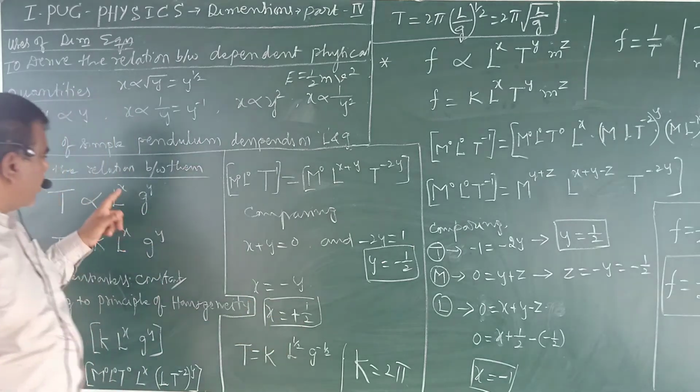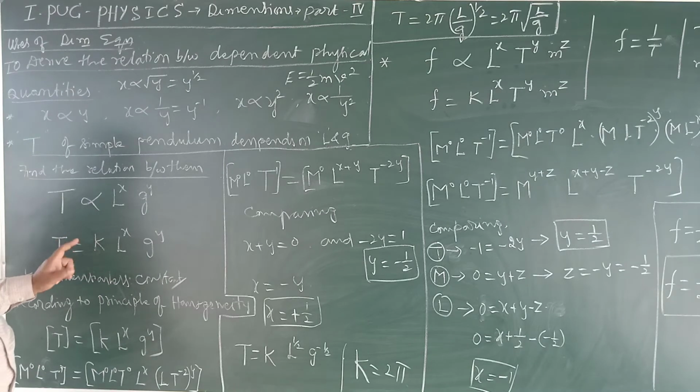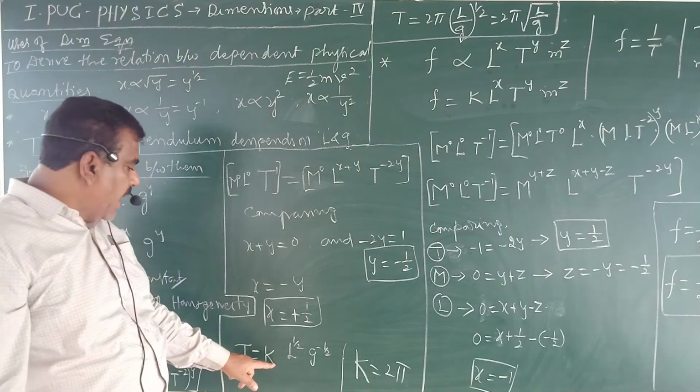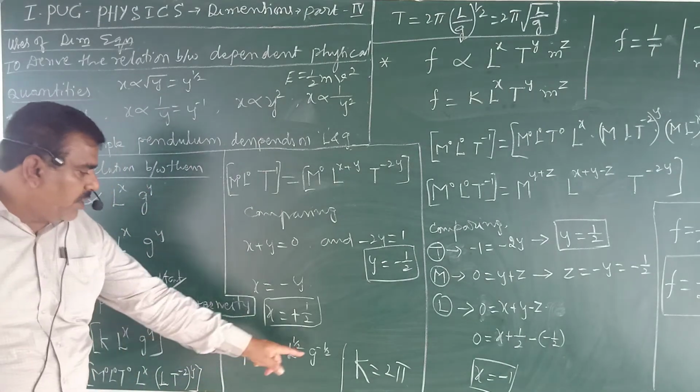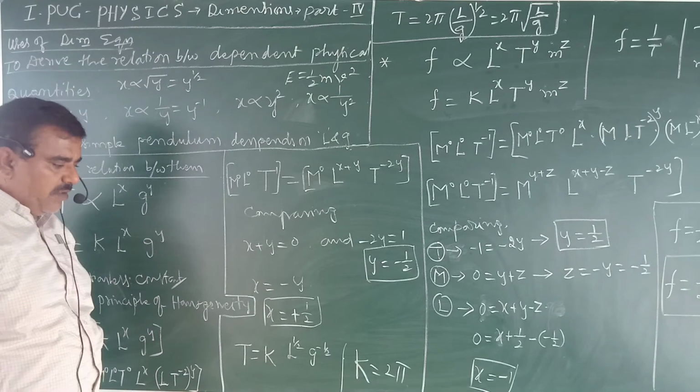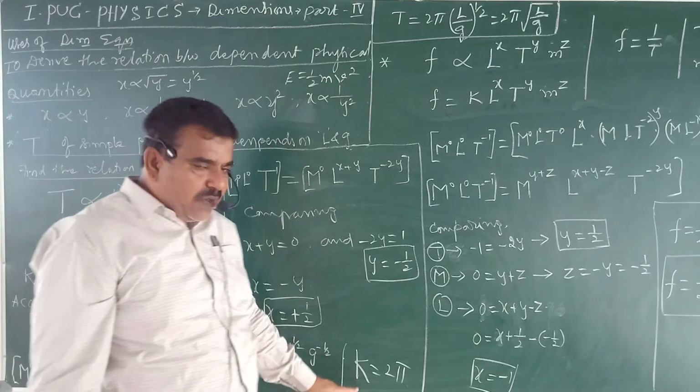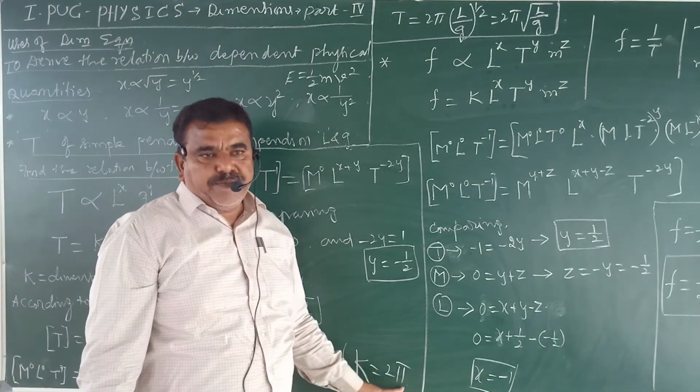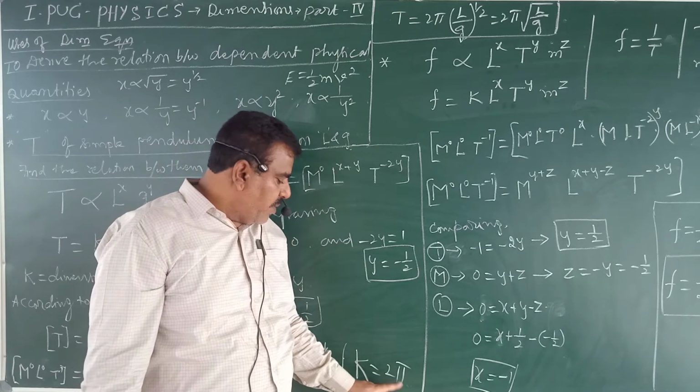Finally, if I substitute these x and y values in this equation, what can I write? The time period of oscillation equals k into L power half, G power minus half. This k value is found to be equal to 2 pi if I conduct an experiment.